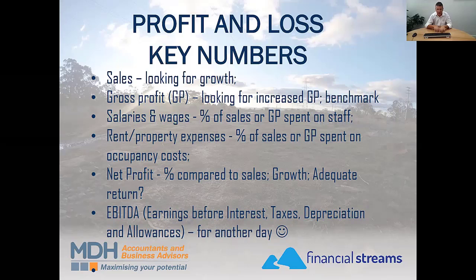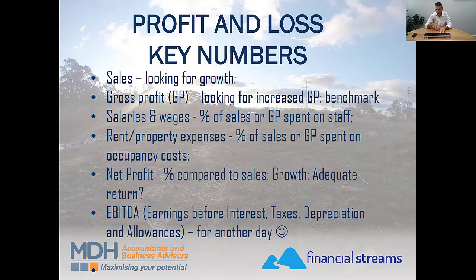On your operating expenses, you get salaries and wages as a business grows. If you're starting to employ people and your role in the business might be changing, that's where costs can quickly come out of control. Typically you'll benchmark that as a percentage of sales to say, okay, I don't want to spend any more than 30% of my sales on salary and wages, as a sort of discipline within the business.